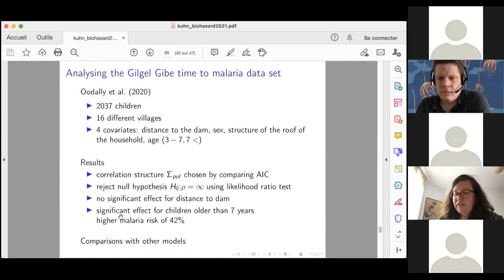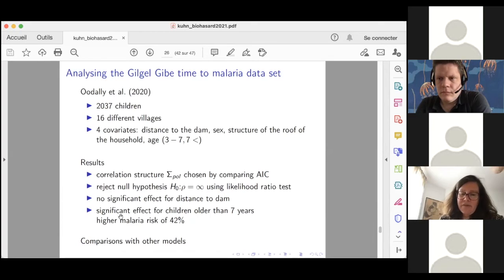There was some criticism about the shared frailty model, in particular because of what we call a confounding effect between the distance to dam and the frailty, which is at the village level.